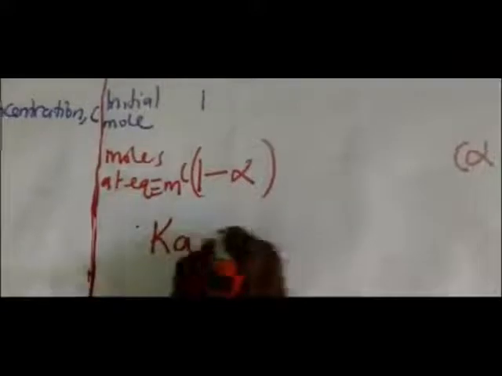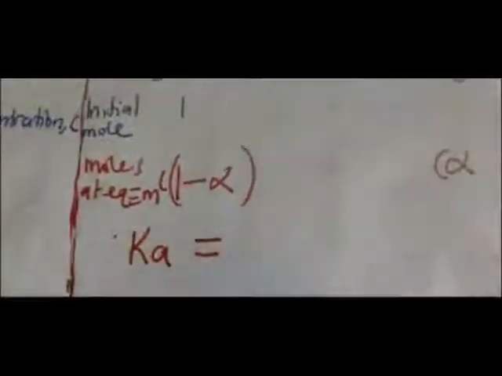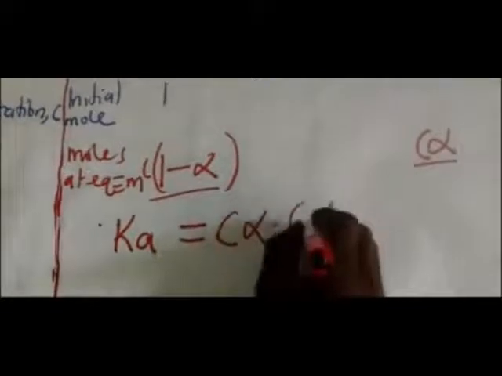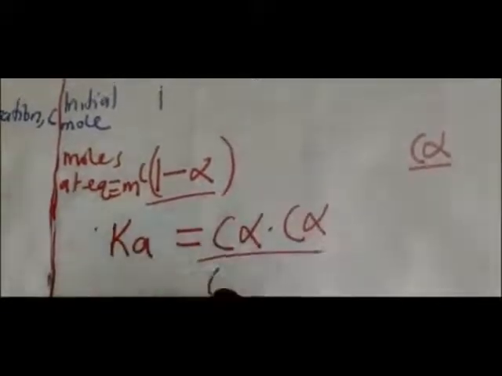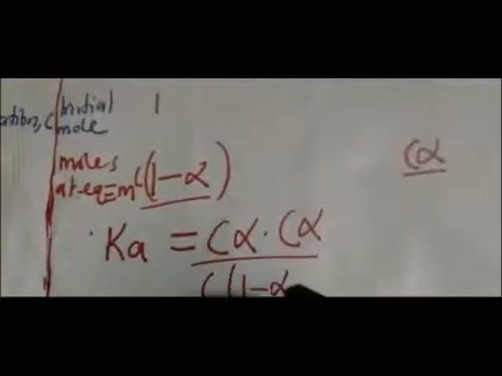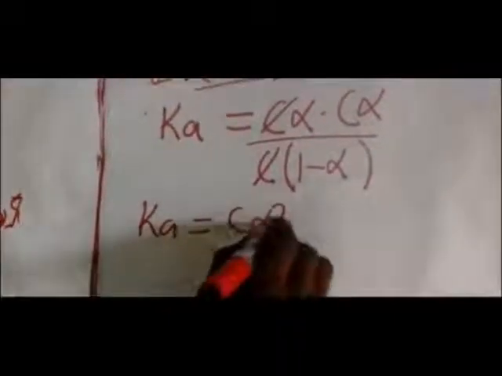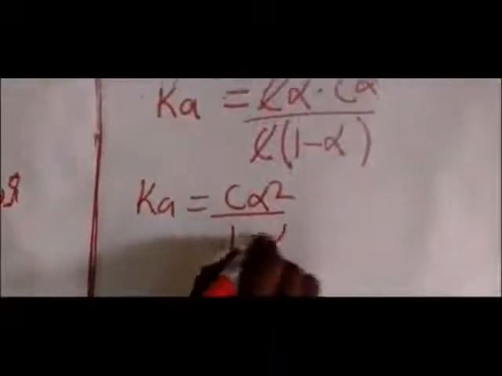So in here we are going to apply the law of mass action again, which is Ka, the product of the concentration of the products, but in this case we consider these moles here. So it's going to be C alpha times C alpha out of C into 1 minus alpha. So this is going to cancel with this, and we shall end up with Ka equals C alpha squared over 1 minus alpha.